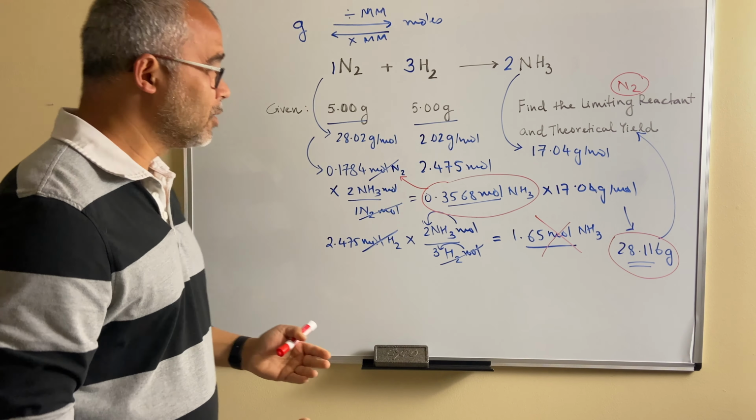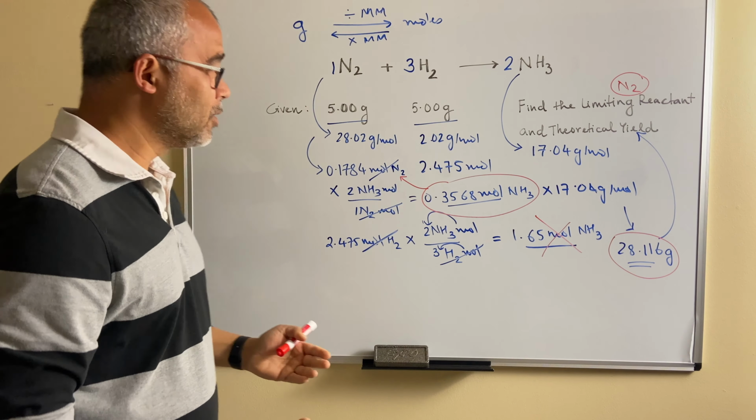To calculate how much excess, all you have to do is compare the nitrogen to the hydrogen ratio. So we're going to do that out here. If we start off with 0.1784 moles, how much hydrogen is that going to use up? We're going to make a similar ratio out here, 3 hydrogens to 1 nitrogen.